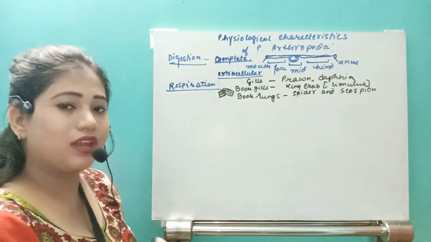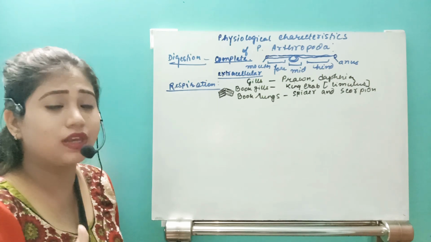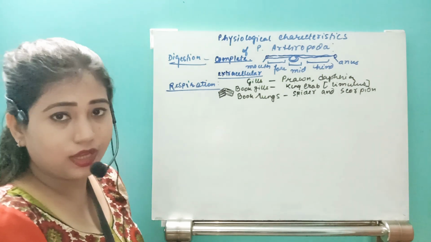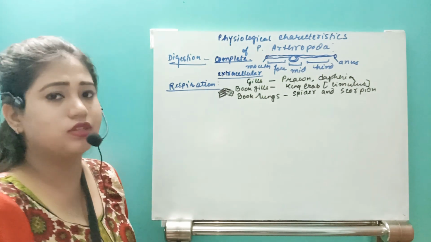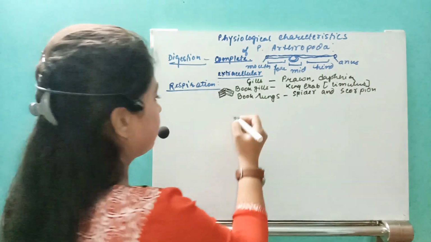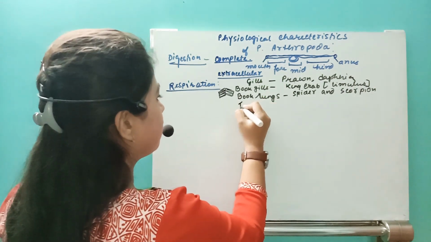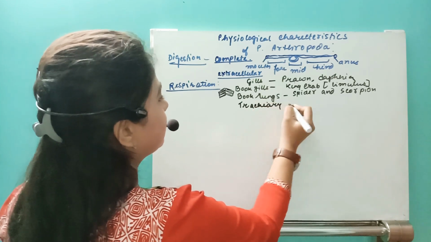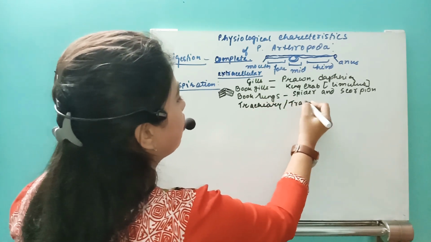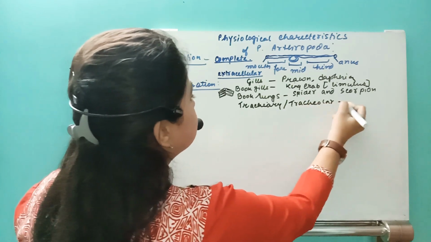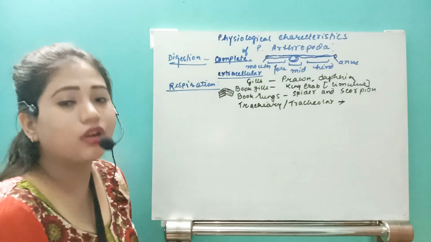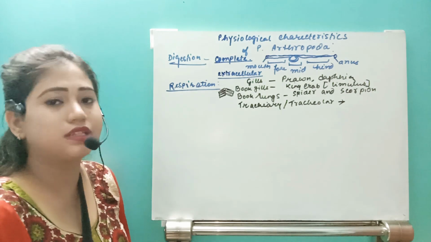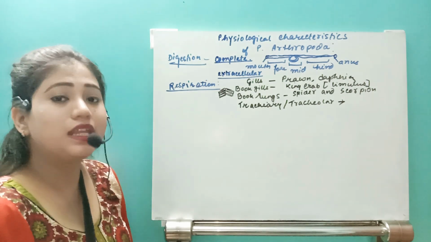Arachnida is the class where these organisms form webs; the spider web you can see. So this is Arachnida. Next, some other organisms will have a tracheary system. Now what is the tracheary or tracheolar system? This tracheary or tracheolar system is present in case of the insects.